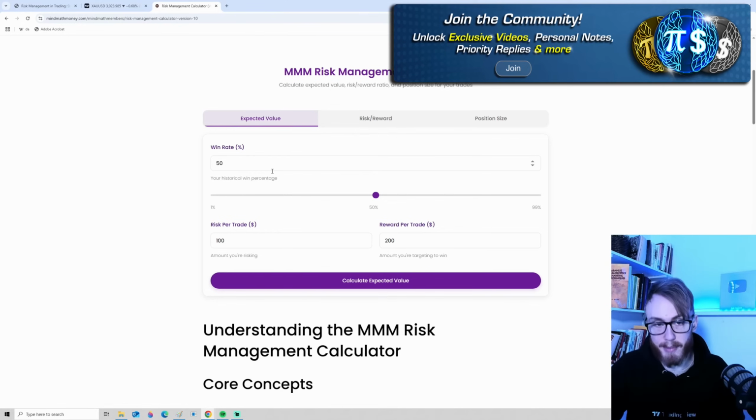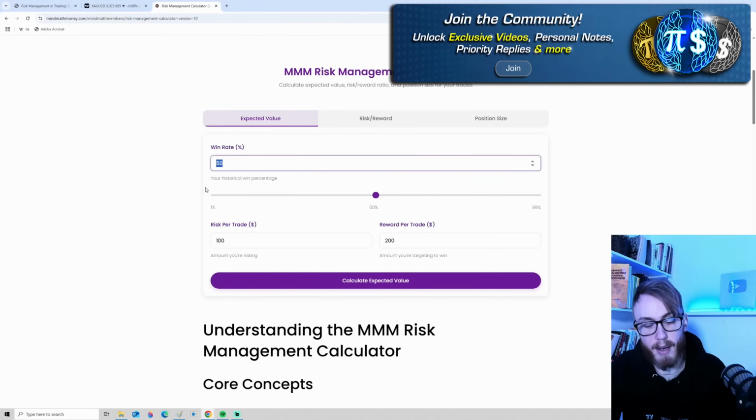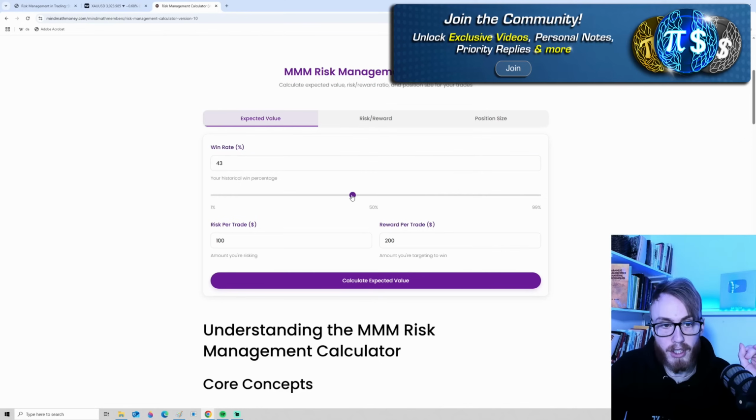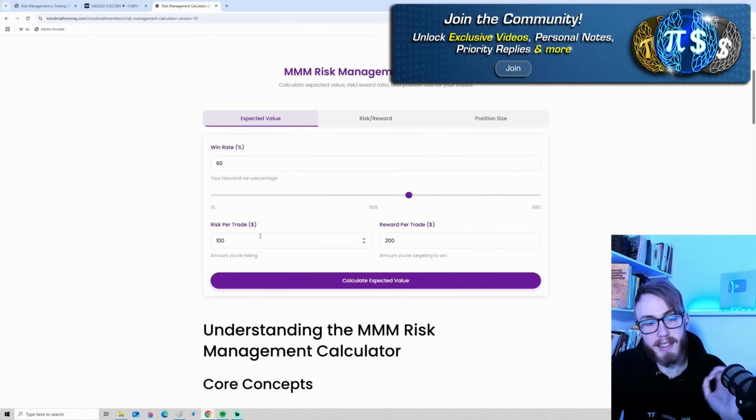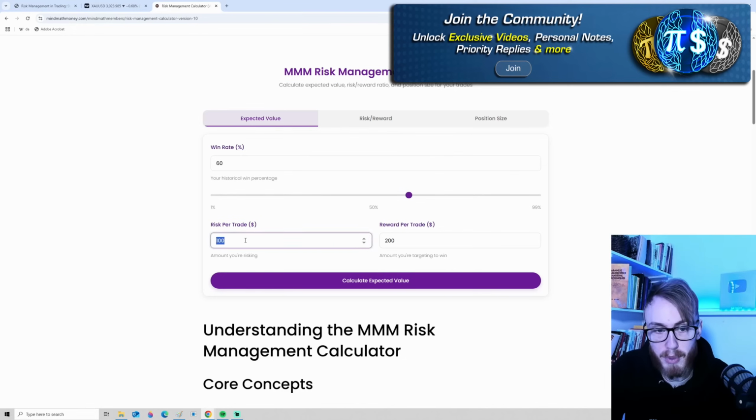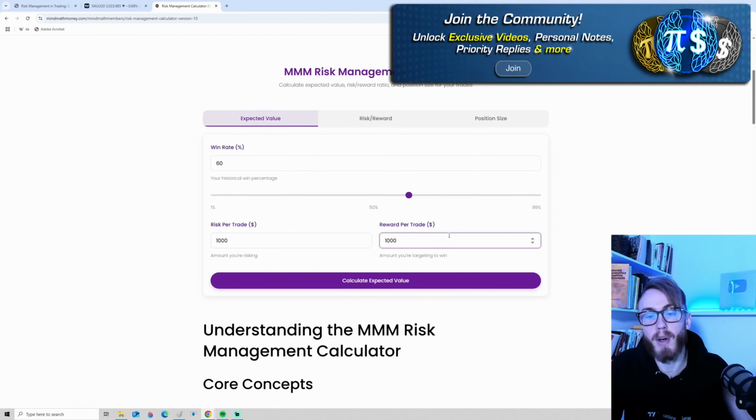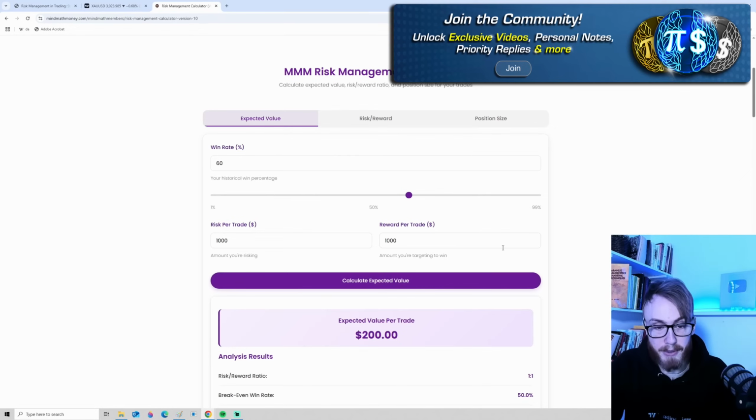As a very simple example, let's once again take the 60% win rate example. You can also use this slider to choose whatever win rate you want, but let's choose 60%. Let's make this super simple and say that we risk $1,000 per trade, and we can win $1,000 per trade. Now let's calculate the expected value.